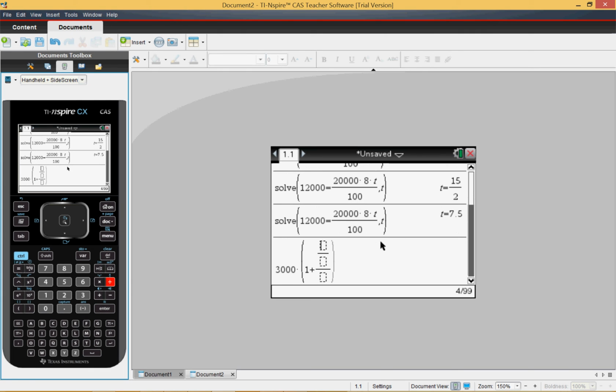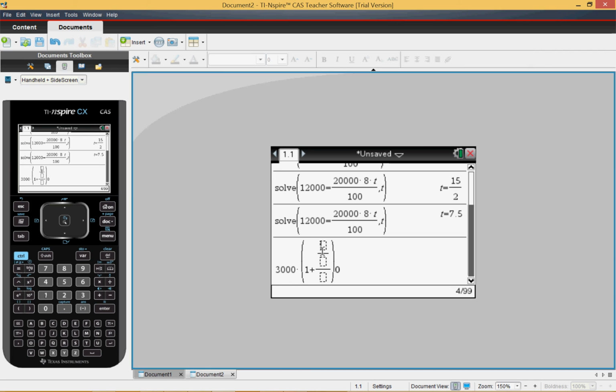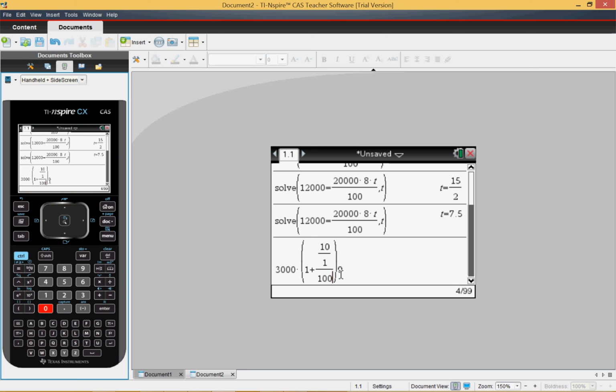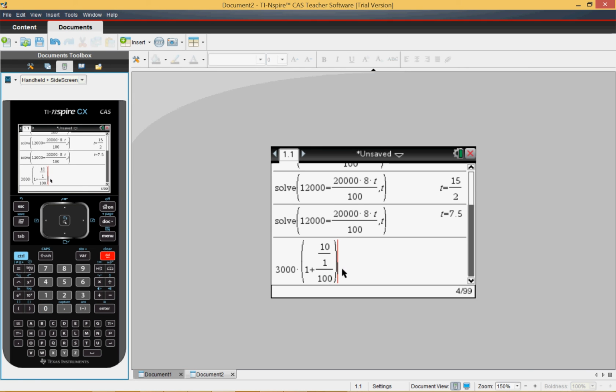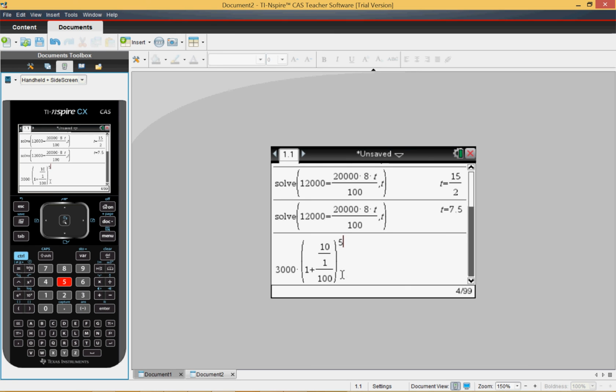Gives me a fraction inside a fraction. So if you like, just for the time being, I'm going to just do it this way. 10 over 1, just to show you. And then that's over 100. And then that is to the power of, what was it, 5? Is that right? Yeah?